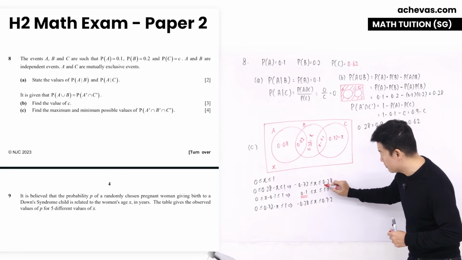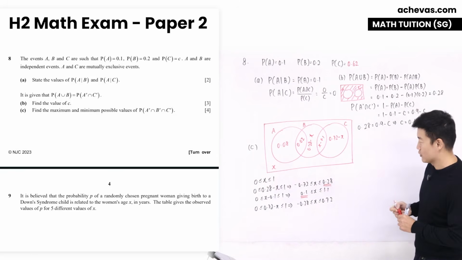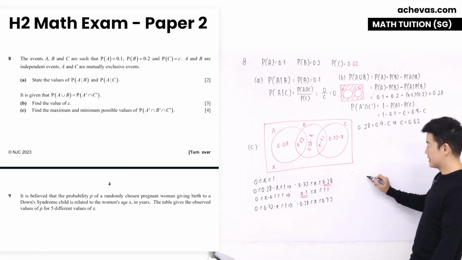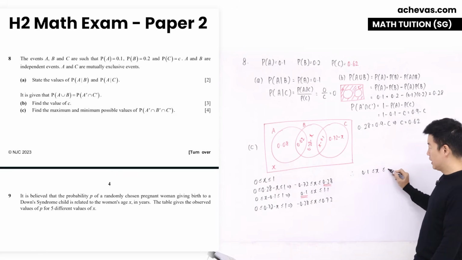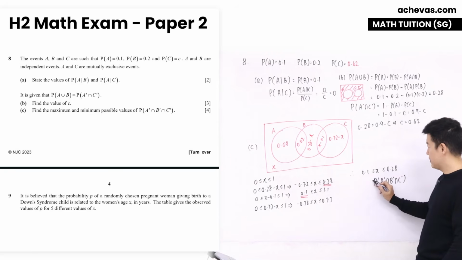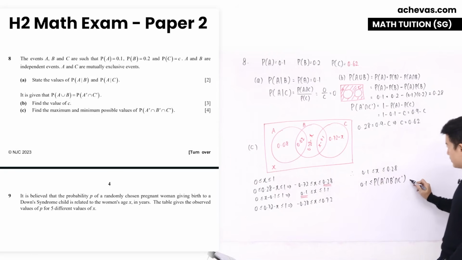So the biggest X can go is 0.28. Therefore, X is between 0.1 and 0.28. And this X is representing A prime intersect B prime intersect C prime. So this is between 0.1 and 0.28.